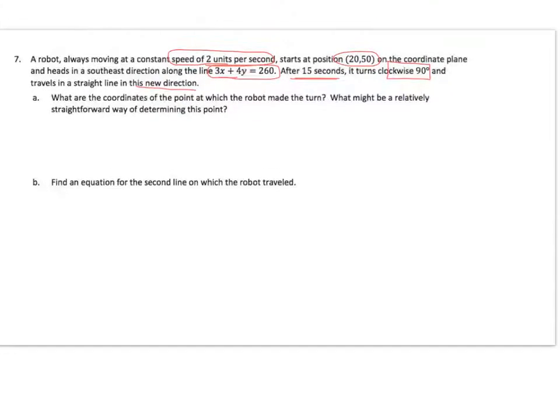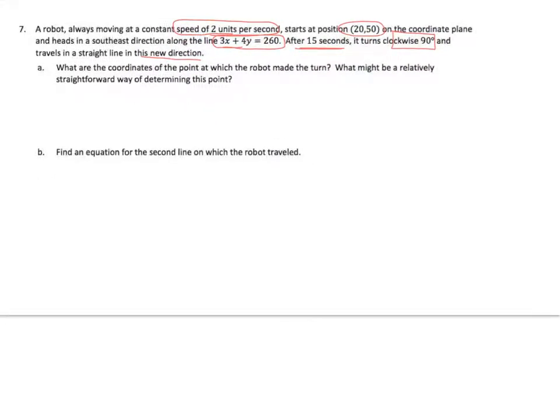Okay. I think I can do this without graph paper. This is the 3, 4, 5 triangle that I'm going to mess with, so it's not too bad. Okay, so I'm going to go by tens. My starting point is over 20 up 50.